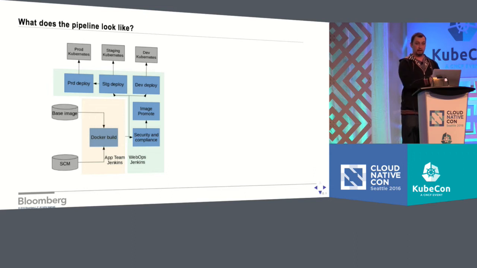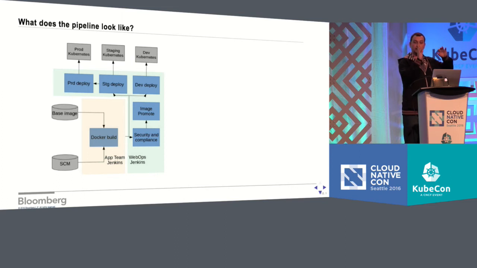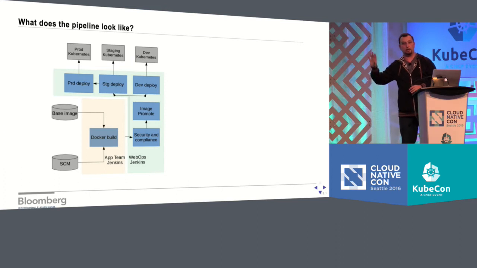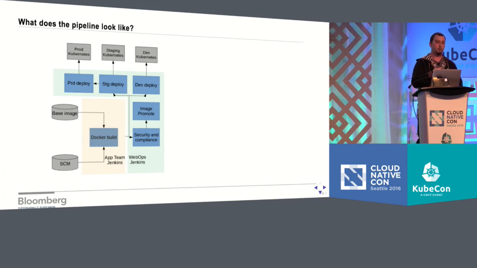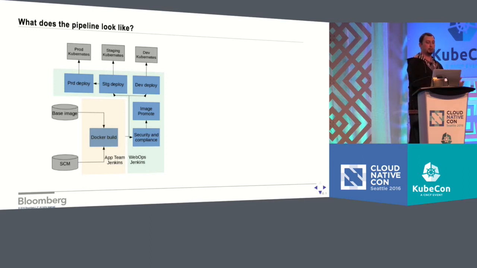And once it meets our requirements, we verify that it comes from one of our base images. We verify that it is secure, it's not vulnerable to any CVEs. We do a promotion step and we essentially push it to our registry that nobody but us has access to. So not even the developers have access to this registry. So we're segregating our images into its own secure registry that nobody else can touch except for the WebOps team.